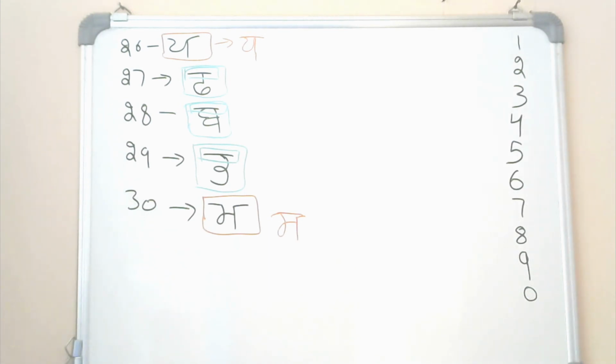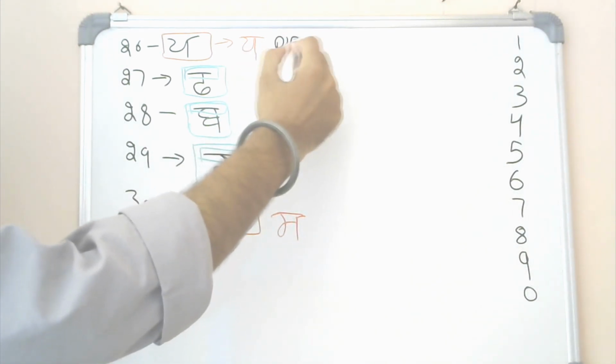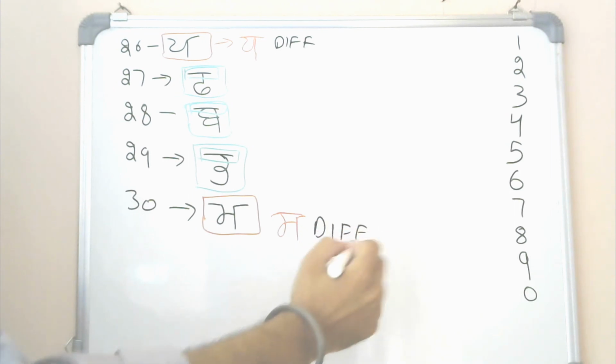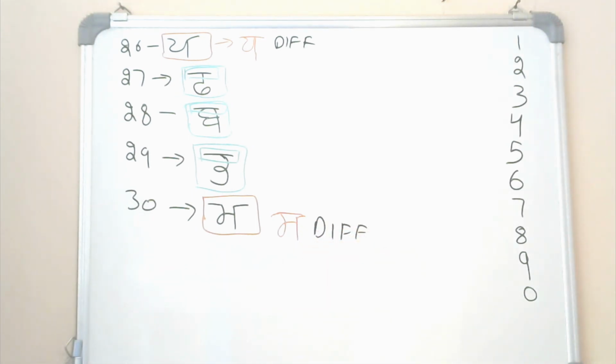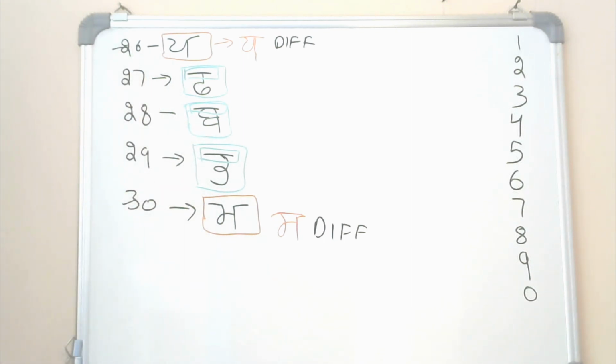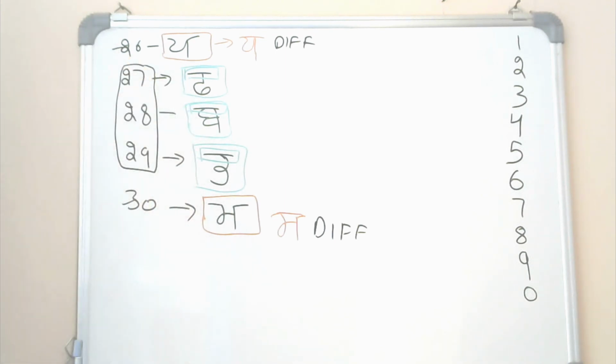And these two letters are different letters. This and this, we should not have the line because it will change the letter completely, but on these three we should have the line.